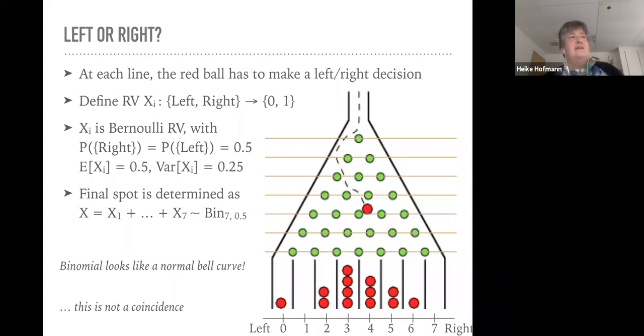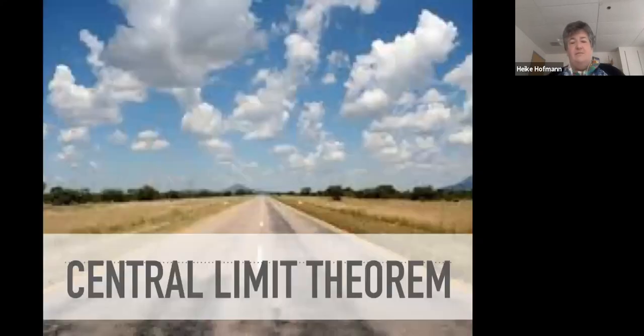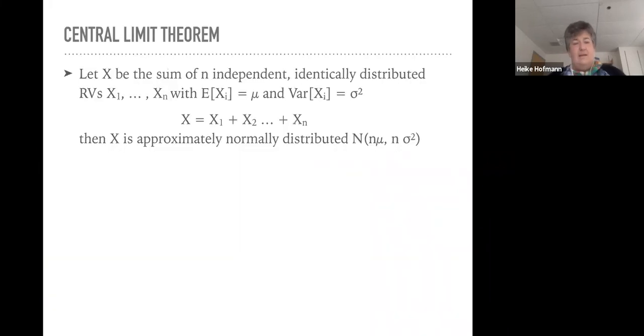So the thing is that this is not a coincidence. This is a direct conclusion of the central limit theorem. So what does the central limit theorem tell us? The central limit theorem is telling us that a sum of random variables might be normal.